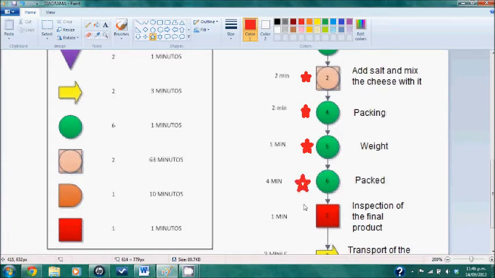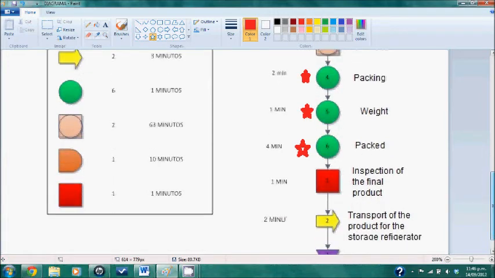In this step, all the envelopes that were packed before make groups of a certain amount of envelopes to make a big package.